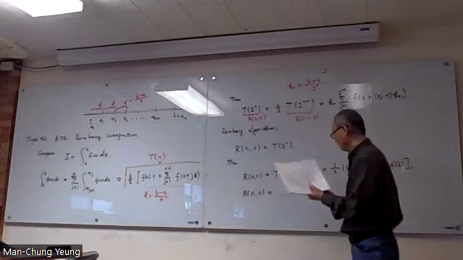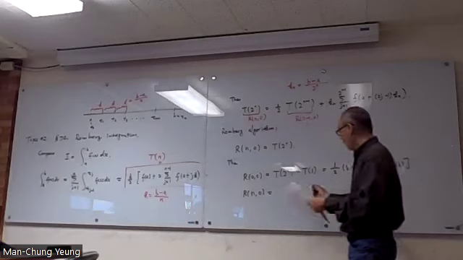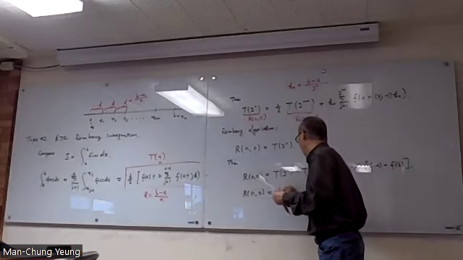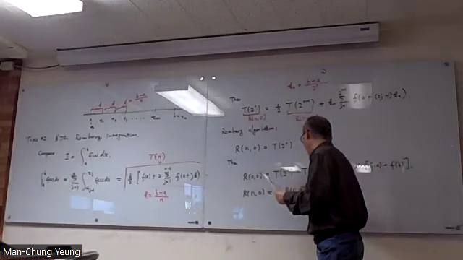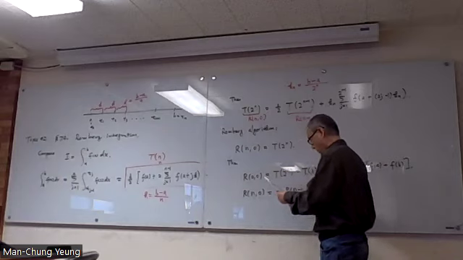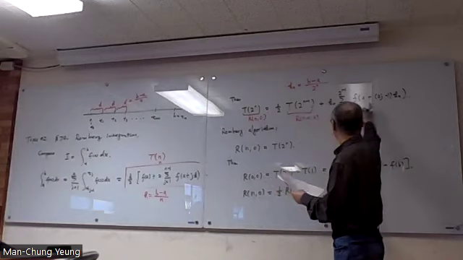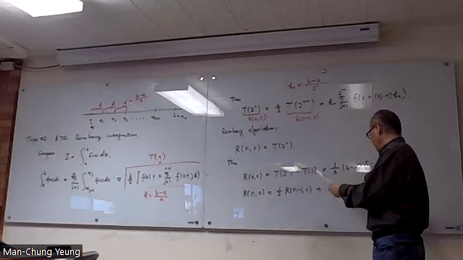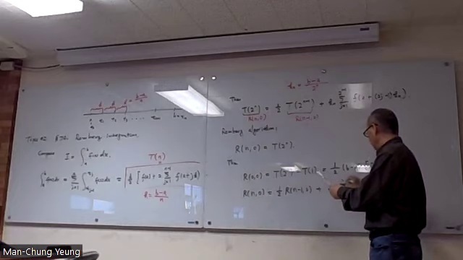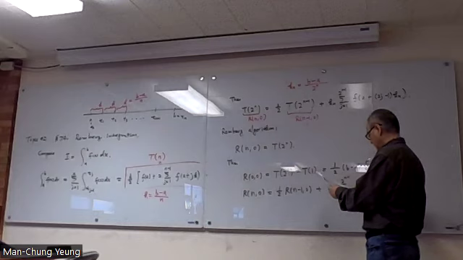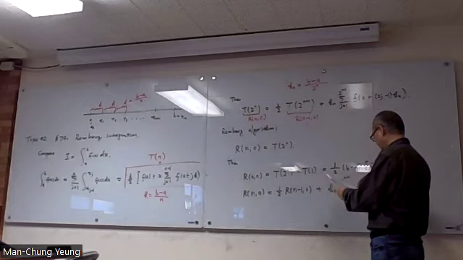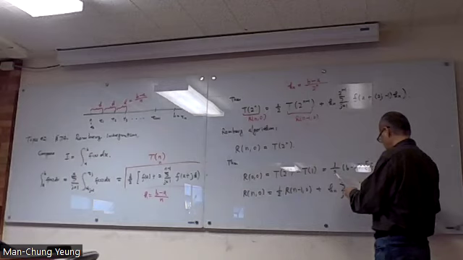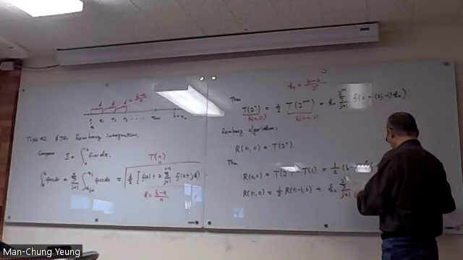So this is 1/2 R n minus 1, 0, then plus H n times the summation over j from 1 to n minus 1 of f of a plus (2j minus 1) H n.